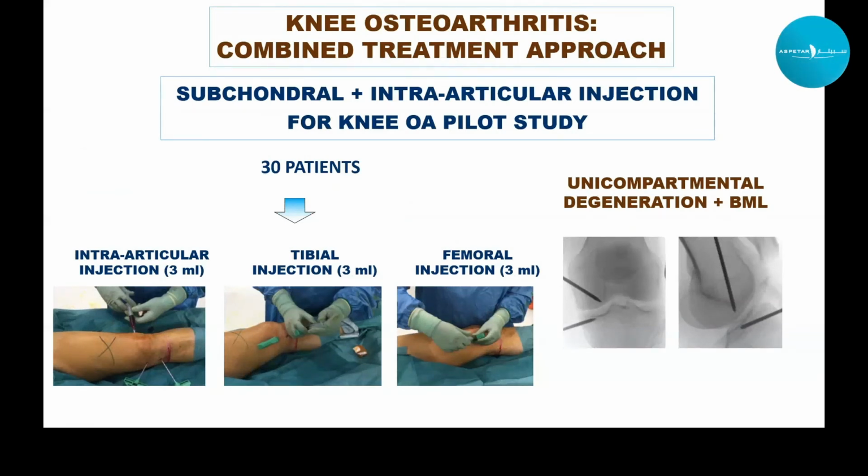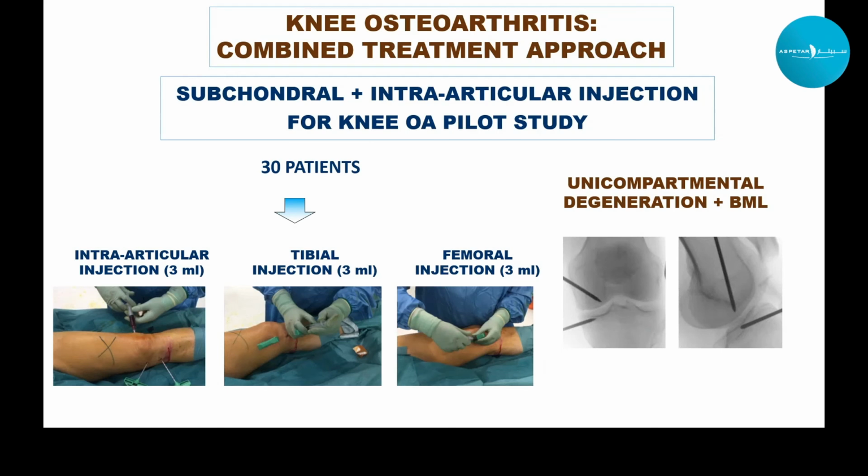And we started this clinical study, the first clinical study, in unicompartmental osteoarthritis combined with areas of bone marrow lesions, bone marrow edema. We are injecting the bone marrow concentrate inside the bone on the femoral side, inside the bone on the tibia, and also intra-articularly.